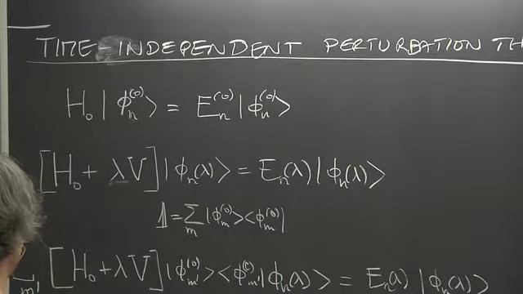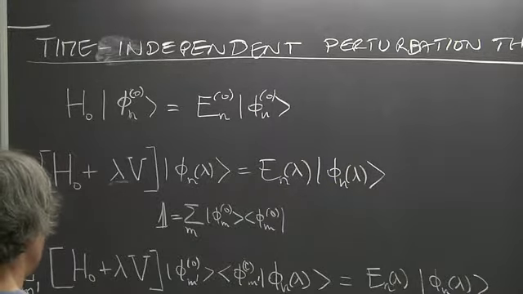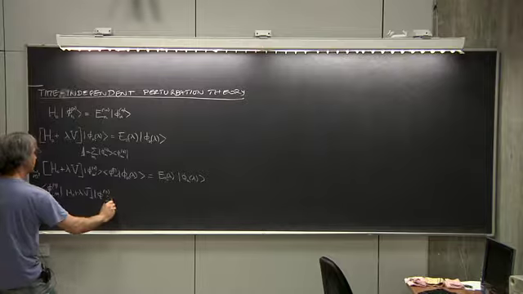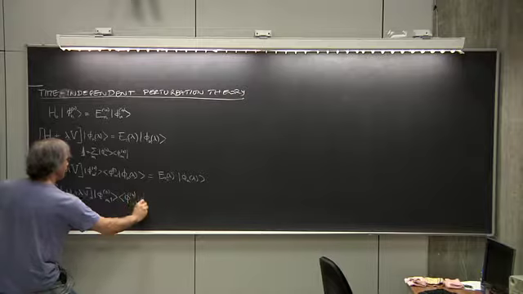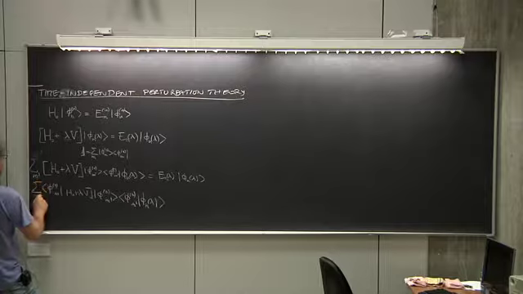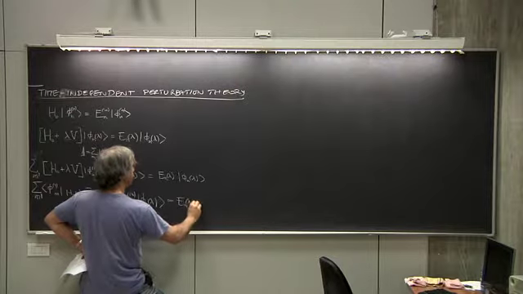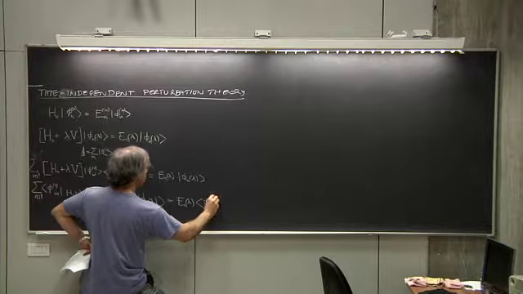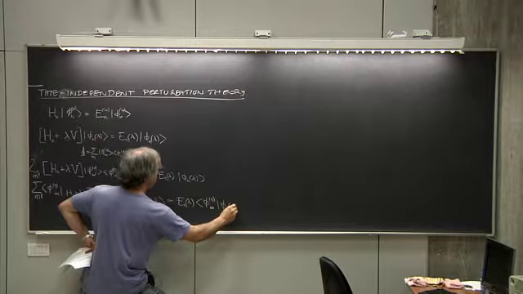And I realize that phi 0 m H0 plus lambda V phi 0 m prime, phi 0 m prime phi n lambda summed over m prime should be equal to E n lambda phi 0 m phi n lambda.